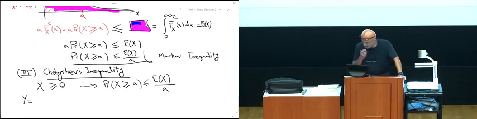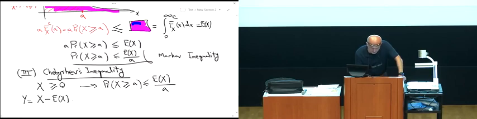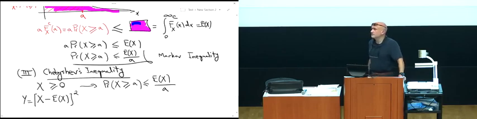I'm going to define random variable Y as (X minus its mean) quantity squared.